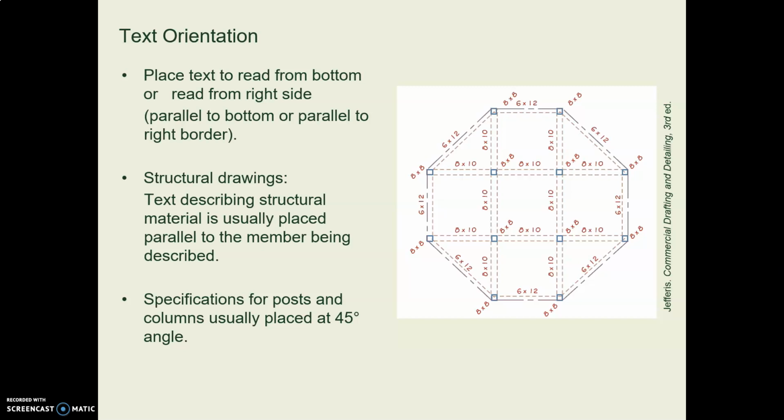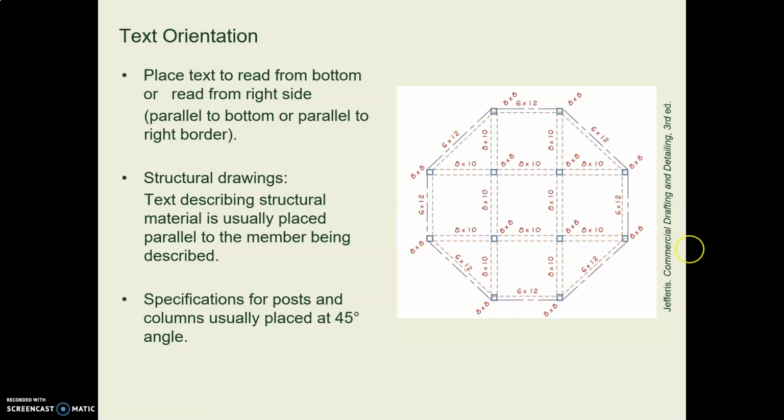Now, a lot of text is not horizontal or vertical, and then you have some decisions to make. This diagram illustrates that. In structural drawings, it's common to place the size of the material, like maybe this might be structural steel of some sort. It's common to place the size parallel with the piece of steel.